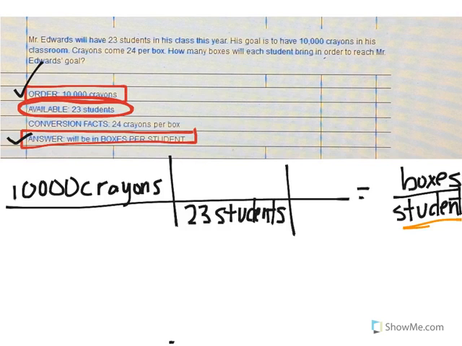The last fact that I have to use here is 24 crayons per box. Now notice I have crayons and crayons, I want those to cancel out. So I'm going to put that 24 crayons on bottom.